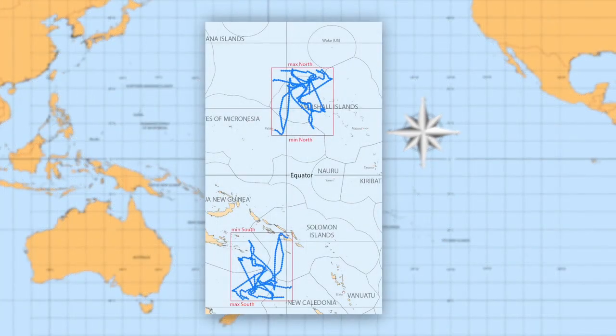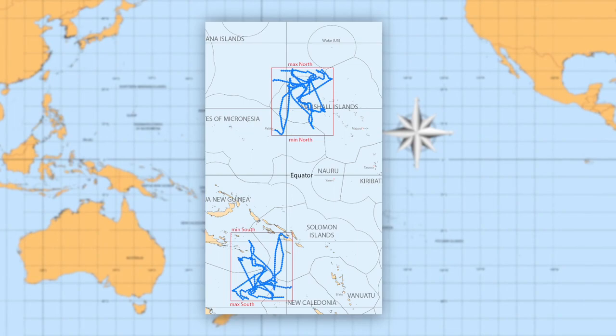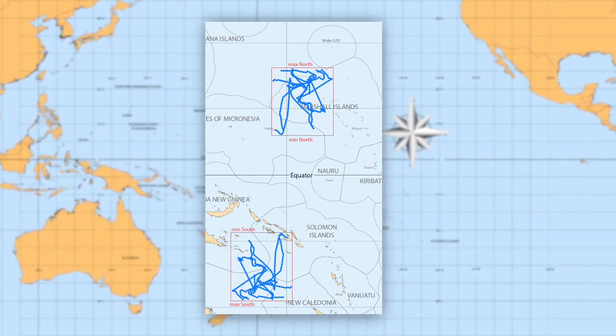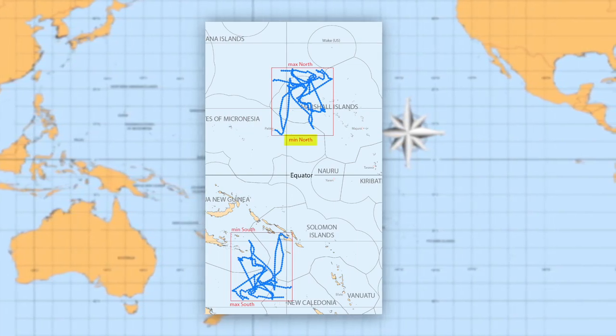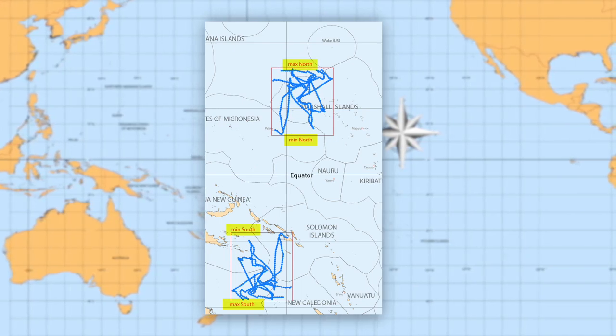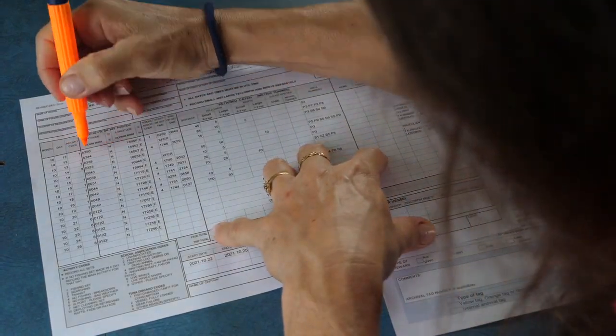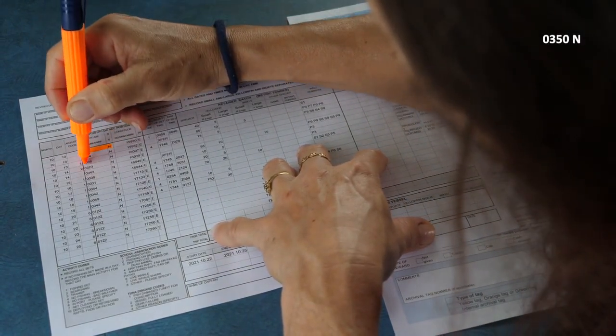For the latitude fields, if all the sets were deployed in the northern latitudes or the southern latitudes, the minimum latitude is equal to the lowest north or south position, and the maximum latitude is equal to the highest north or south position. In this example, all the sets were deployed in the northern latitudes.